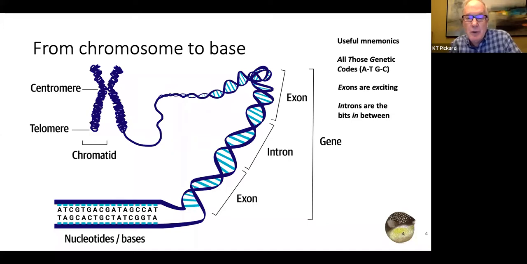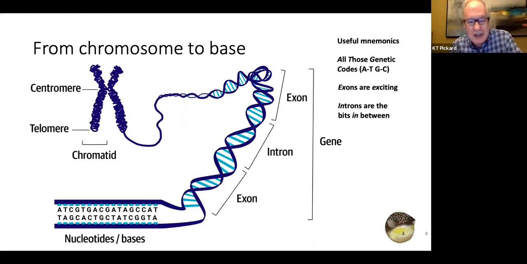As we move down now to the bottom, you'll see the individual bases, the A's, C's, G's, and T's. I use the all of those genetic codes mnemonic because A's and T's bond together and G's and C's bond together. So when we talk about adenine, thymine, guanine, cytosine, those bases, that's how they bind together.